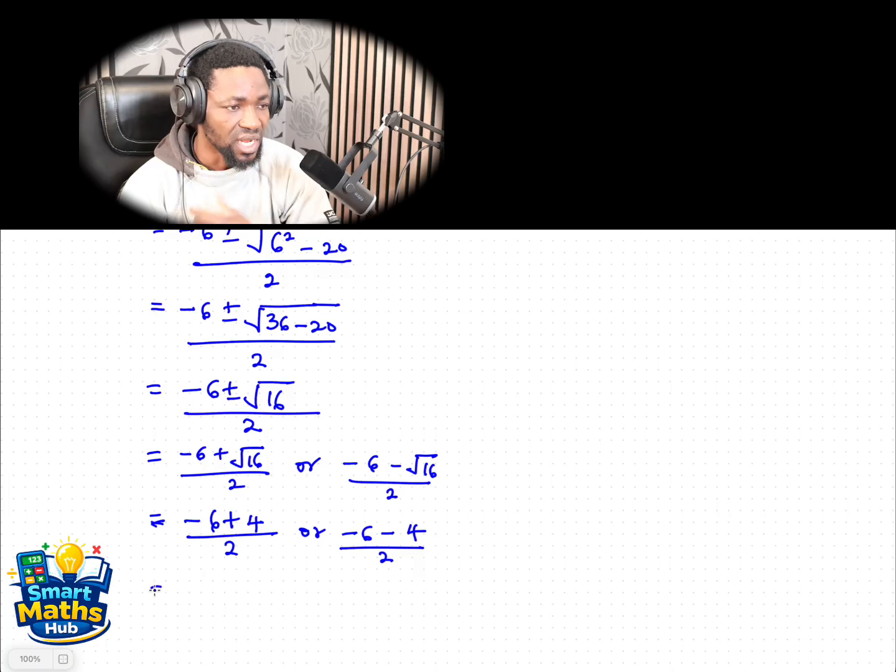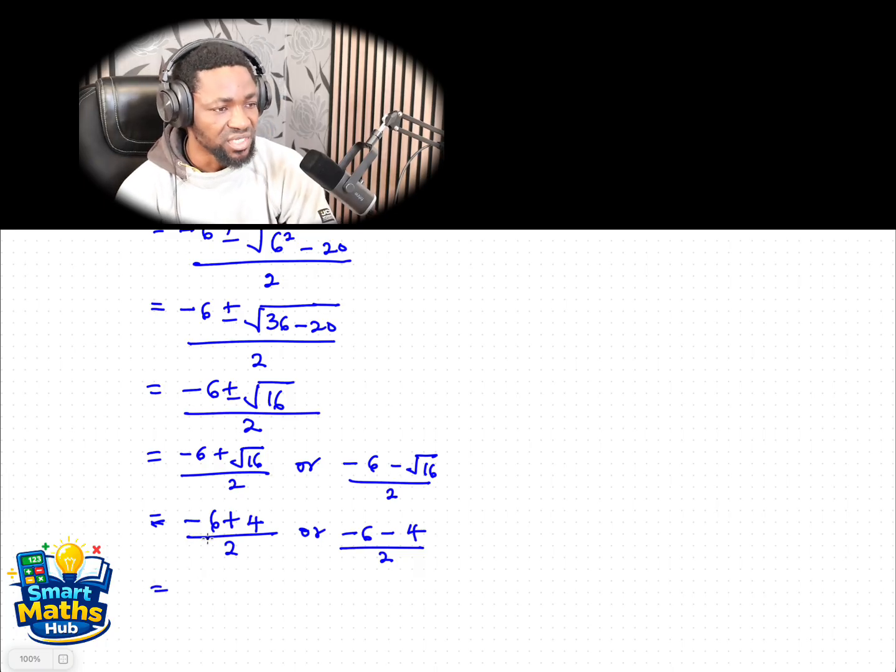Now this is minus 6 plus 4. It's owing 6, but out of the 6 you can only afford to pay 4. So what do we have left? We have minus 2, minus 2 over 2. Or now it's owing 6 and also owing 4, so it should be minus 10. You add them together and indicate the minus in front of the number.